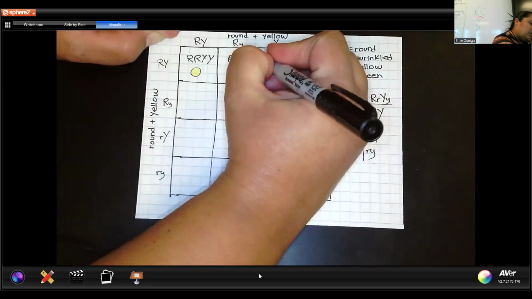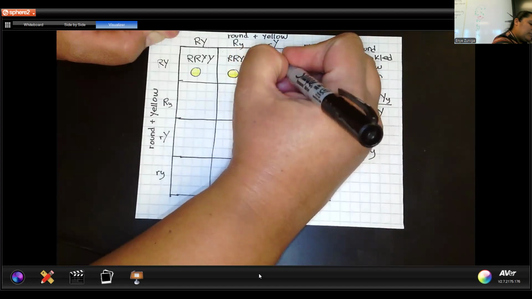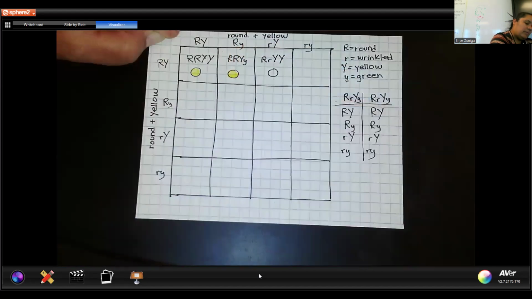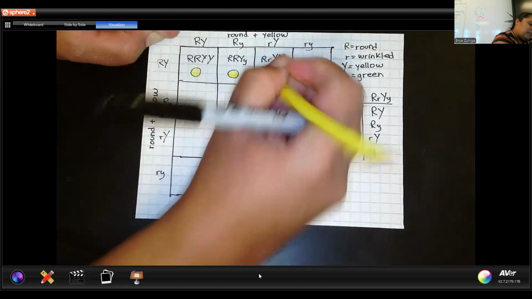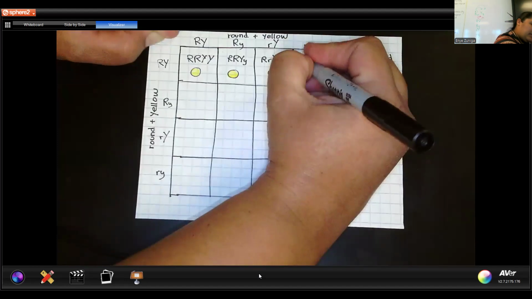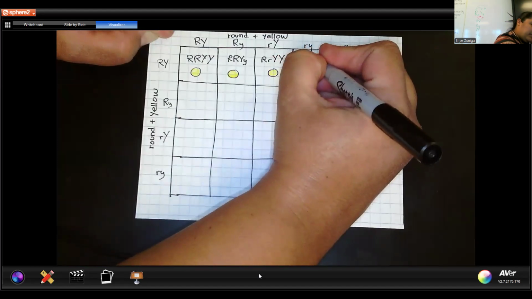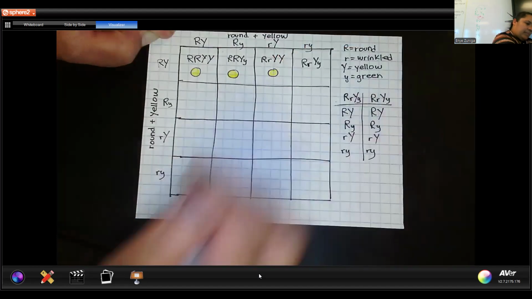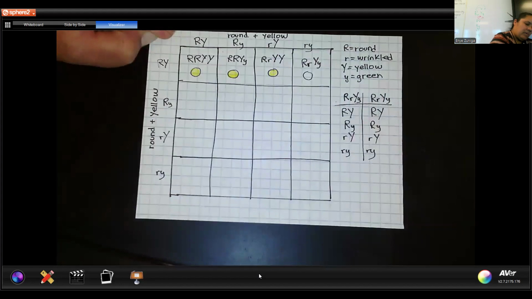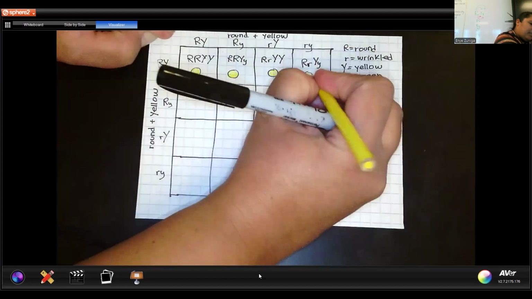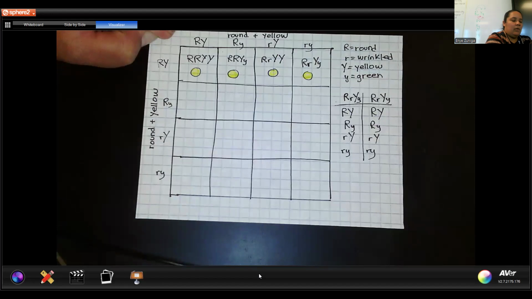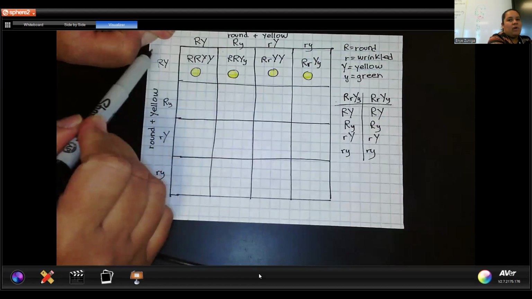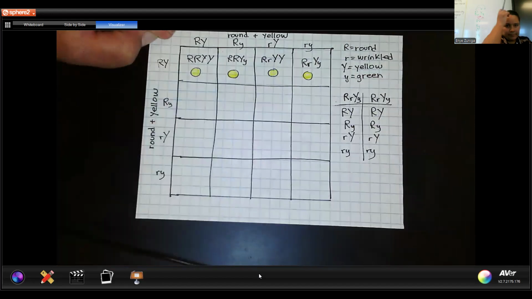So we continue. Okay, so far we only have round yellow seeds.